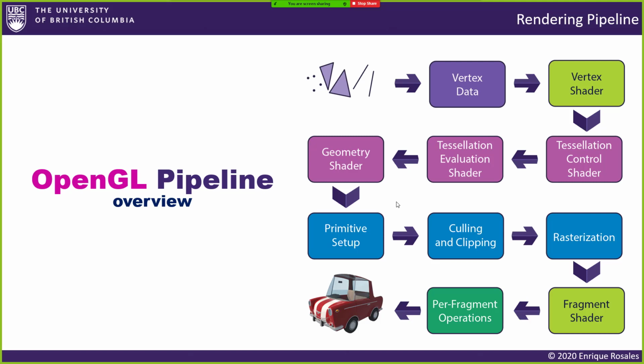For example, where are the triangles actually created? Where are the fragments actually created? Which stages are sending information to which other stages? In which stages are you working only with vertices, and in which stages are you already working with triangles? And basically the meaning of each of those stages.